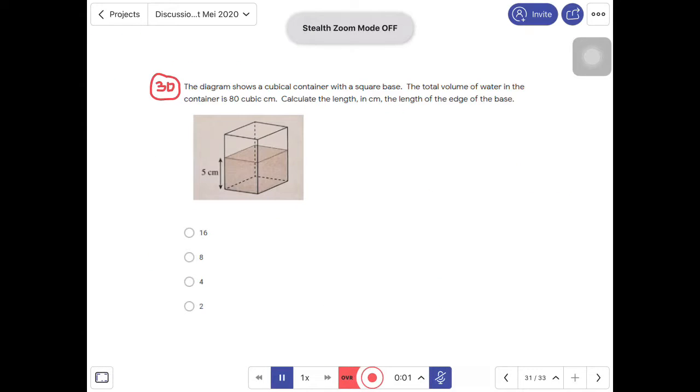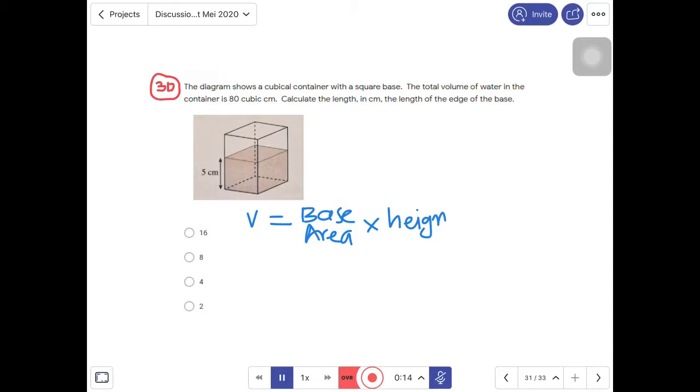To get the volume of a cuboid, volume is equals to base area multiply height. Okay, in this case, our volume is equals to 80 cubic centimeter. All right.